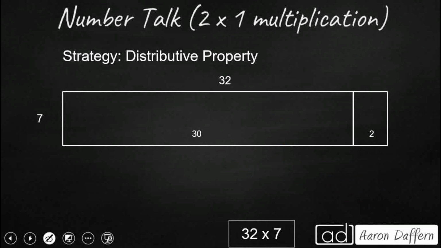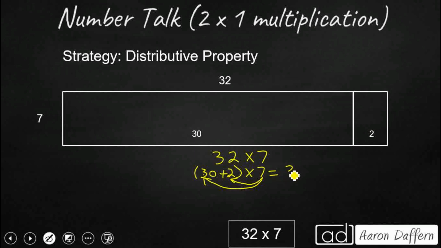Let's look at a different way that we can choose. Most of us probably did this. And this is a great use of the distributive property as well. We're going to take our 32 and we're going to break it up into place value. Think of it like expanded form. 30 plus 2, and we're going to distribute or multiply that 7 into both of those add-ins to get our partial product.